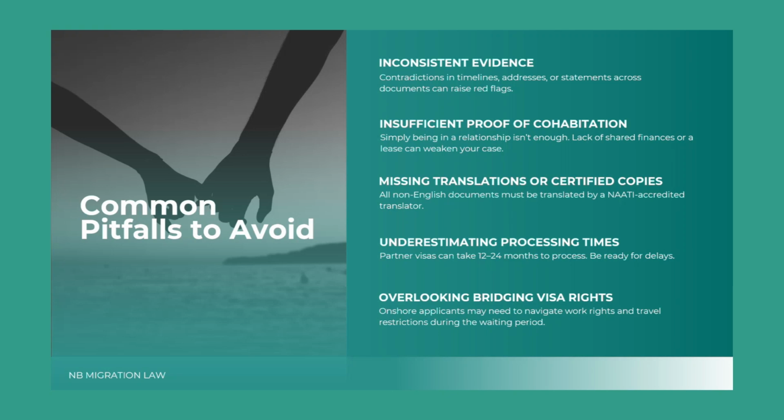The documentation is just dated October 2025, so we can always reason out to the department that you've been living together prior to the date that is on that particular evidence.